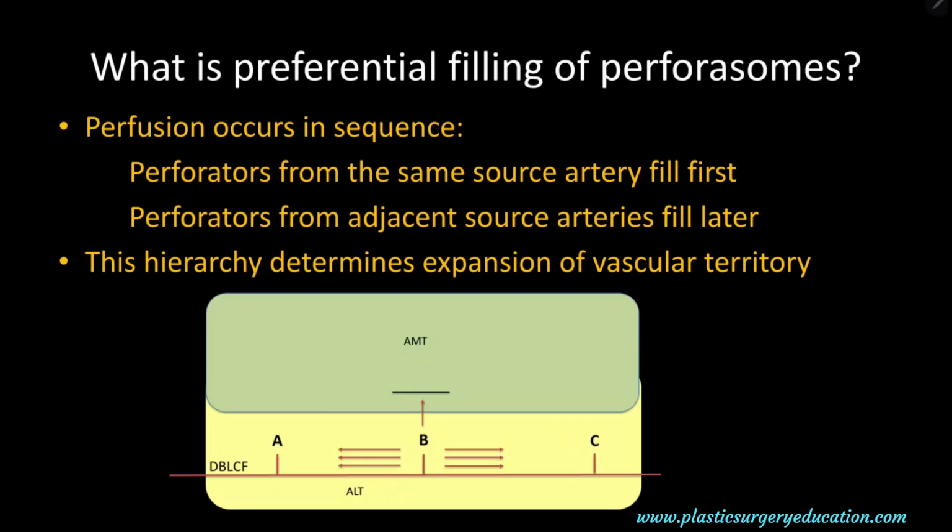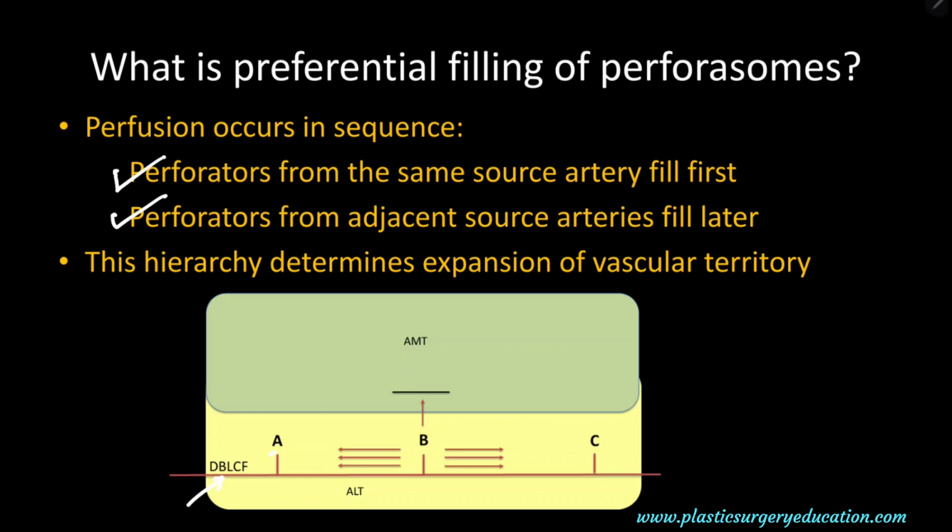This is also one of the important parts of the perforasome concept, which is called the preferential filling of the perforasome. Perfusion occurs in sequence. Perforators from the same source artery fill first. Perforators from adjacent source arteries fill later. Let us assume that this is the descending branch of the lateral circumflex femoral.